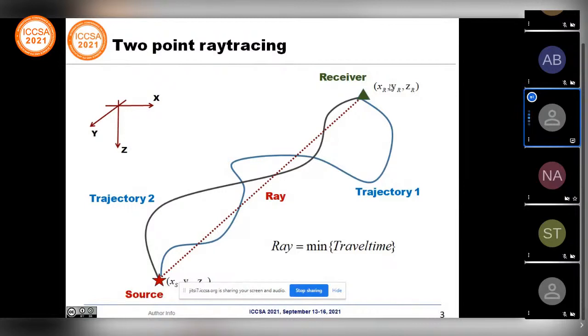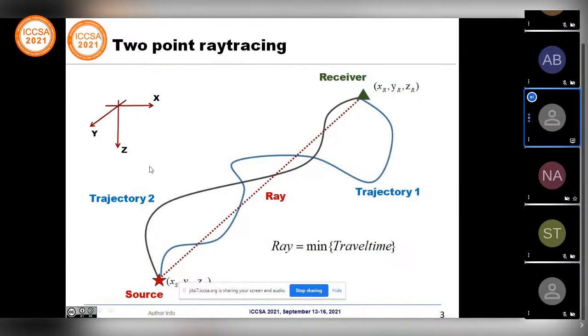Practical experience has shown that the so-called shooting method for solving a two-point ray tracing problem often does not provide satisfactory results. I will present some examples below. For three-dimensional cases, shooting requires significant computational resources. An alternative to the shooting method is the so-called bending method.